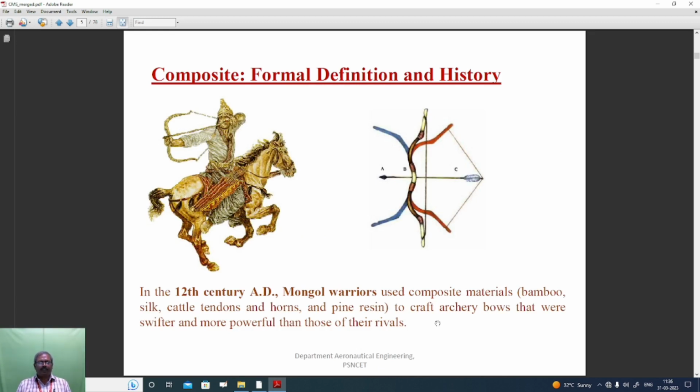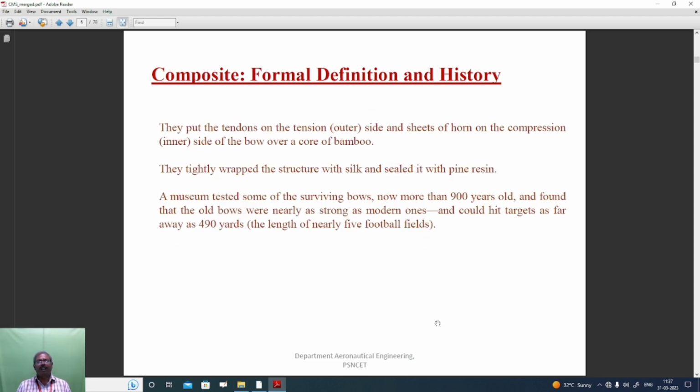In the 12th century, Mongol warriors used composite materials like bamboo, silk, cattle tendons, horns and pine resin to craft archery bows that were swifter and more powerful than those of their rivals. They put the tendons on the outer side and sheets of horn on the compression, that is inner side, of the bow, over the core of bamboo.